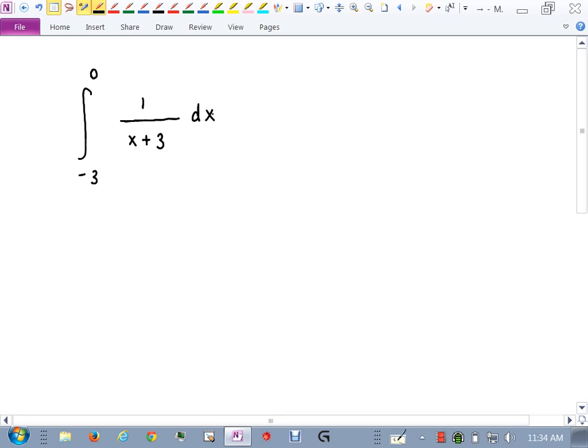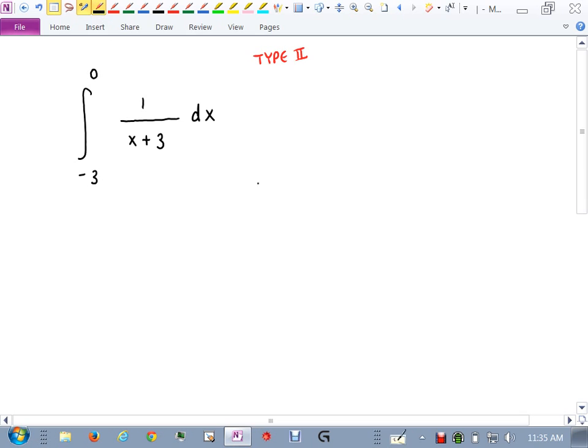On your integrand, you notice that you're undefined at -3, right? So we've got to keep note of that. We have a discontinuity, right? This is going to be a type 2 for sure.